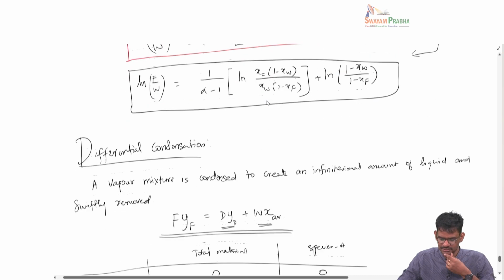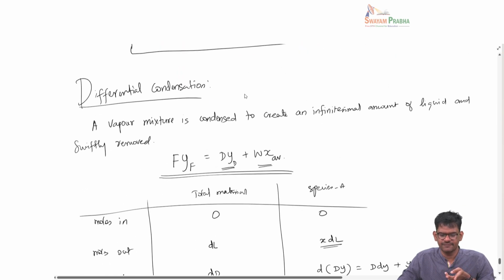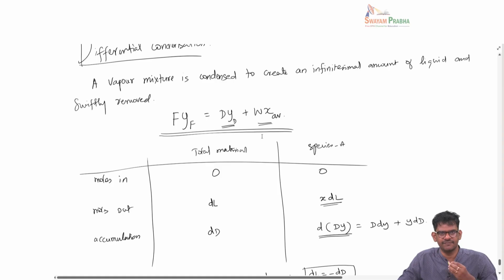Okay. And the opposite operation, differential condensation, means that you start with the vapor and then you cool it to the dew point, create the first liquid droplet and separate it out. Okay, cool further, another new droplet of liquid will form, separate it, and then you keep doing this over and over.